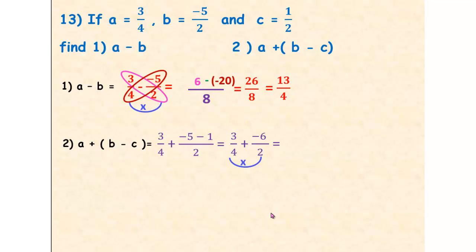But I'm going here again to go cross multiplication. 4 times 2 is 8, 2 times 3 is 6, and the addition sign will remain as it is. 4 times negative 6 is negative 24. It's equals to negative 18 over 8. And remember, negative 18 over 8 is not in the simplest form. Still, I can divide both of them by 2, and I will have negative 9 over 4, and this is the simplest form.